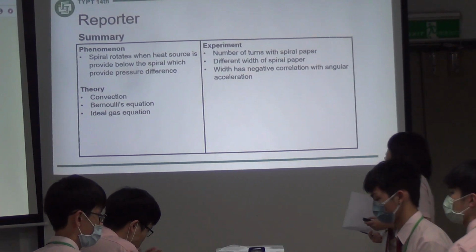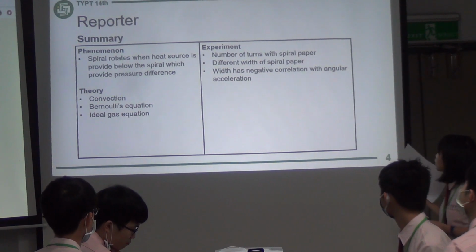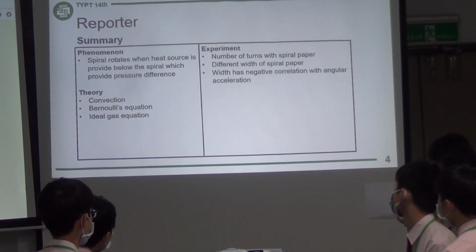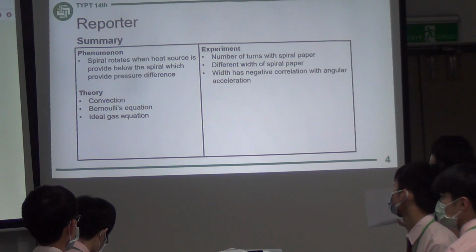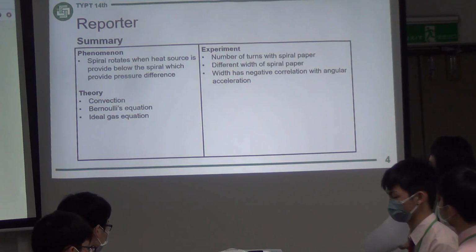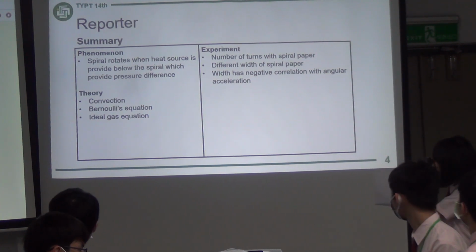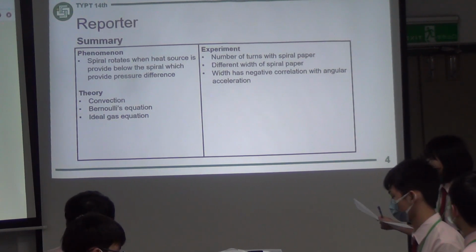For the experiment part, they use different numbers of turns of the paper spiral, and different widths of the spiral paper. And in their conclusion they said that width has a negative correlation with the angular acceleration.